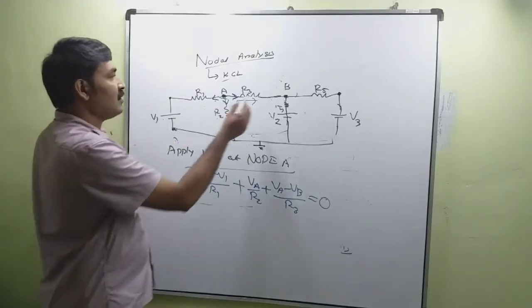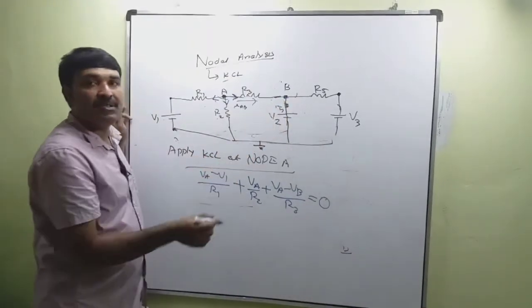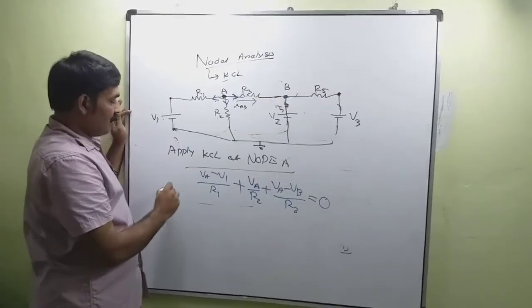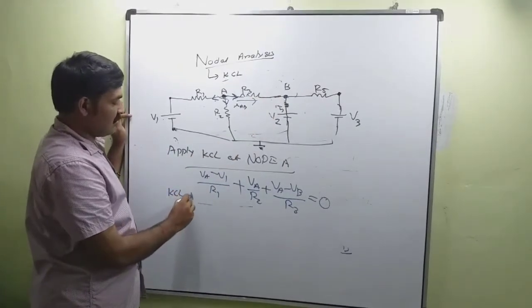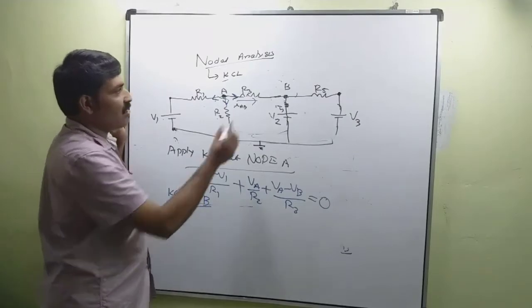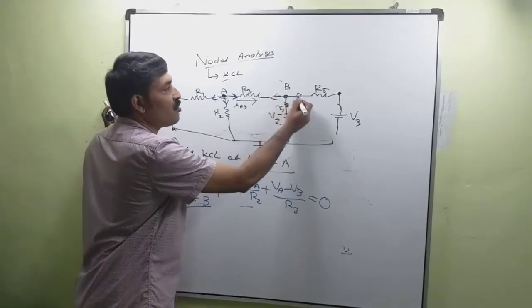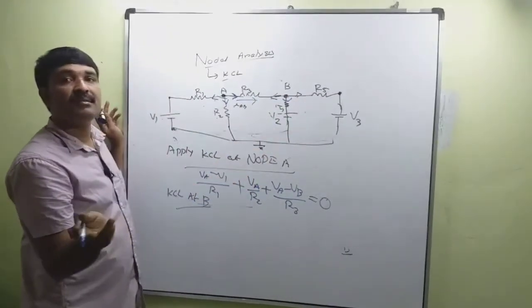Then apply KCL at node B. Again, we can assume all the currents are going outside from this node.